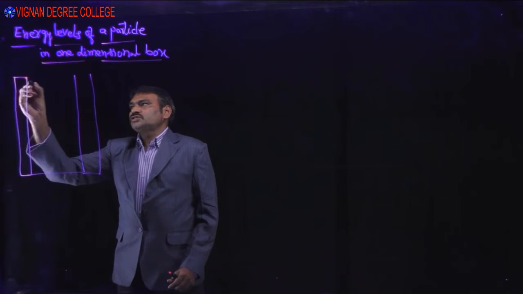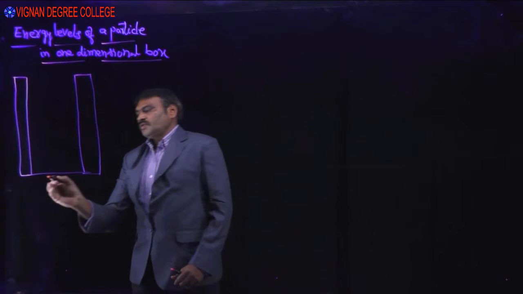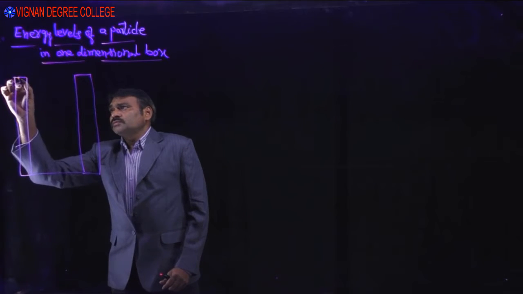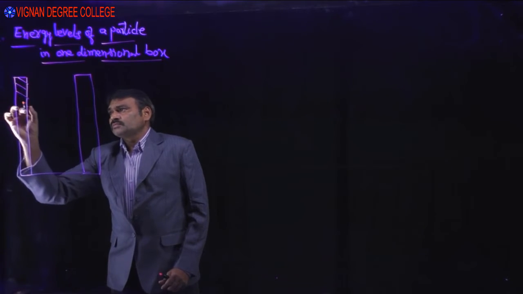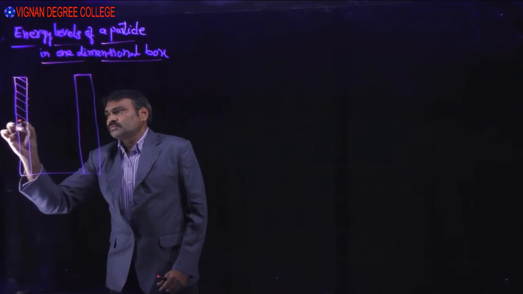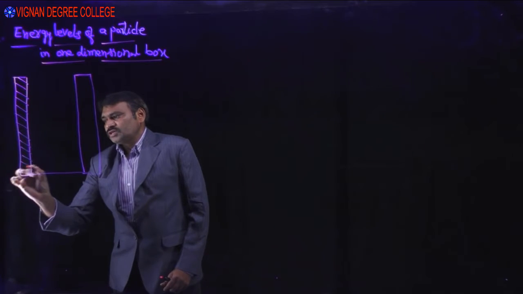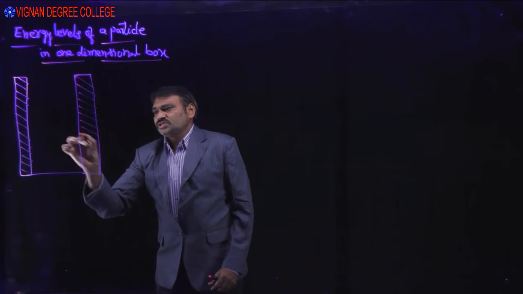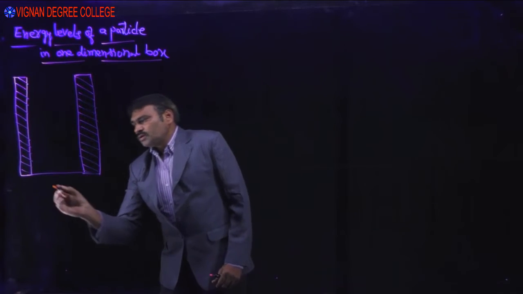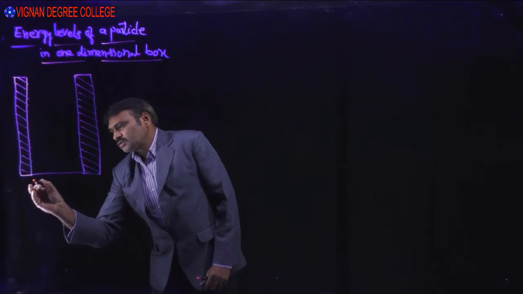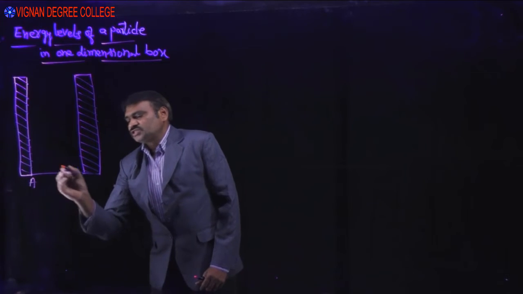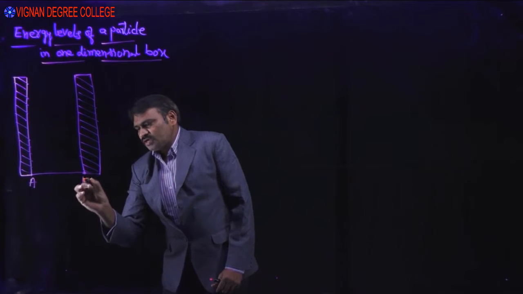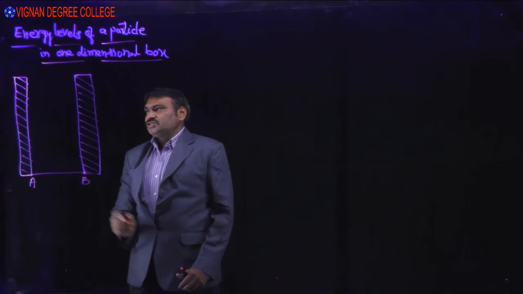Here are two walls, A and B. These are two rigid walls. A is a point at x is equal to 0 and B is another point at x is equal to a.